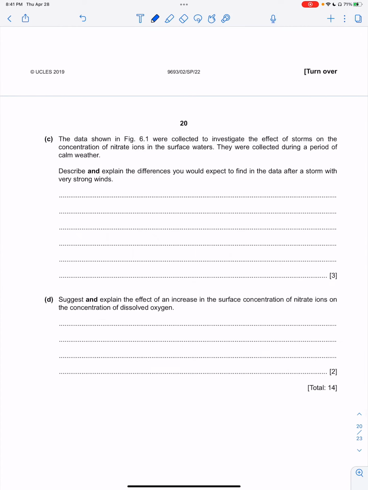The data shows in Figure 6.1 were collected to investigate the effects of storms, so I'm thinking about churning up the sediment, especially when we're talking about nutrients, on the concentration of nitrate ions in the surface waters. So storms, high wave action, lots of wind, moving sediment up.